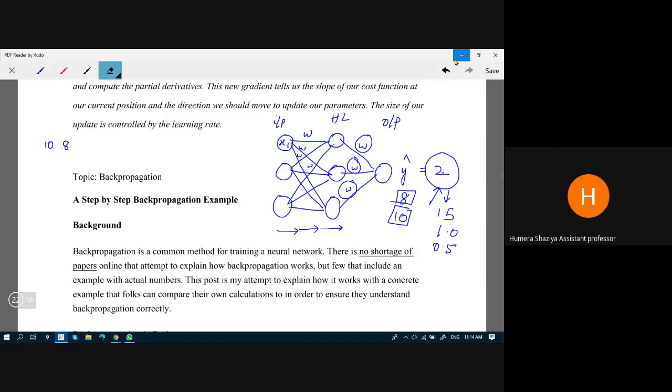Update the weights by following the feed forward direction. Get the output, and this process repeats. When you complete all the iterations for every data set, then it is known as one epoch. One epoch will be completed in this manner.